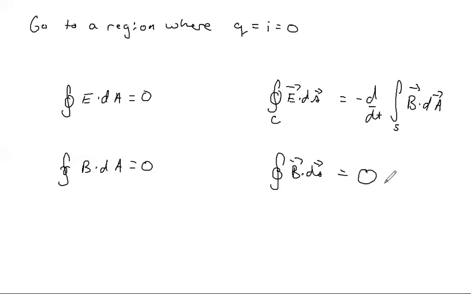So if you want to, you could argue aesthetically that it would look a lot more symmetric between electric and magnetic fields if on the right-hand side here, we had something like a derivative with respect to time of E dot dA, an electric flux.